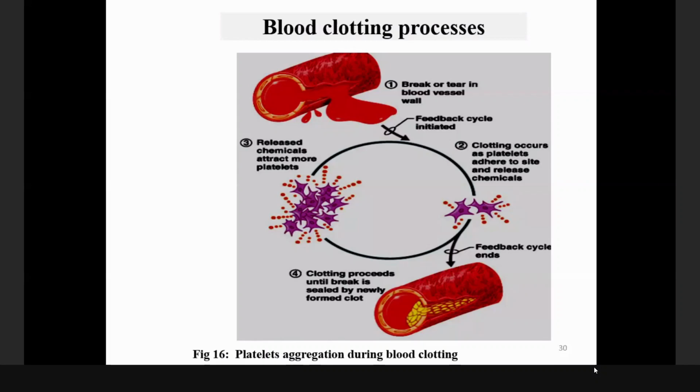But after some time, you are looking at a clot that seals or closes the opening. So don't remove that one because it tries to stop bleeding. Otherwise, if you remove the clotted blood mass in the opening area, you reinitiate bleeding. Okay, so don't touch that one.